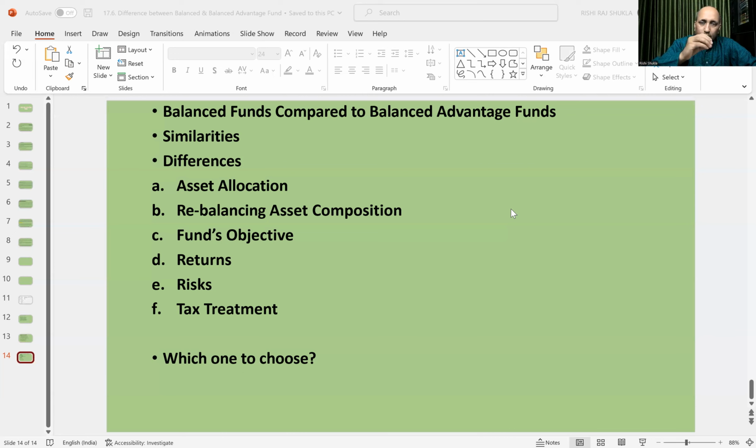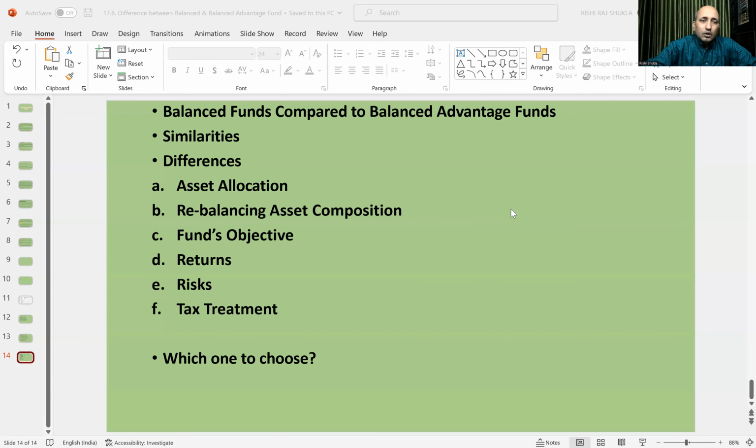A minimum of 40% they will have to keep in debt. But in the case of a balanced advantage fund, if market condition is favorable, if the market is rising from below, then they can take advantage of this situation and invest up to maybe 100% in equity.